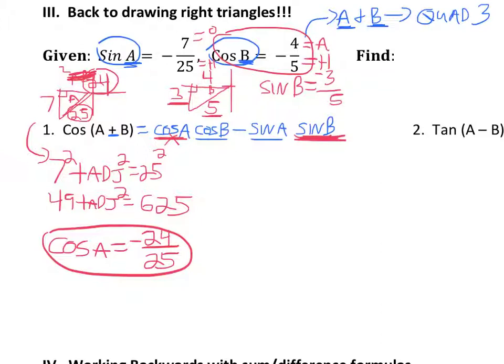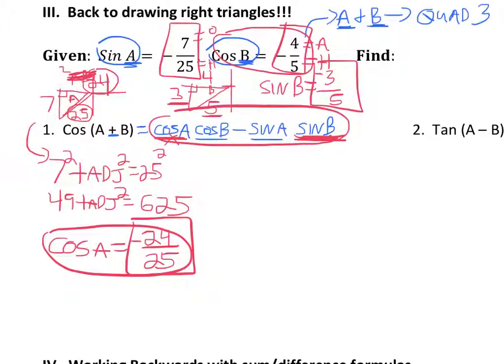All right, then from there, I take all of these and plug them in. The cosine of A we figured out is negative 24 over 25.